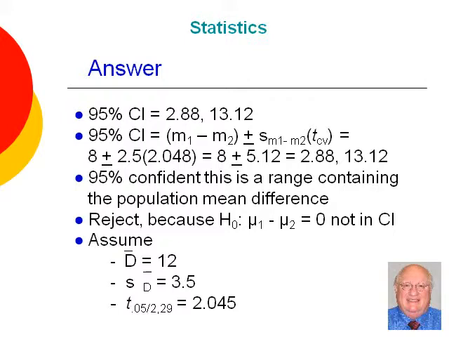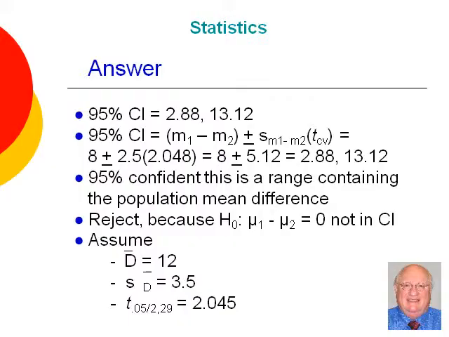Now, let's try the example we used for the dependent samples t-test. In that example, we had 30 participants who all received a treatment and were measured twice, once before the treatment and then after the completion of the treatment. The pre-test mean was 24, the post-test mean was 12, and the mean of change scores was 12, and the standard error of the mean of change scores was 3.5.